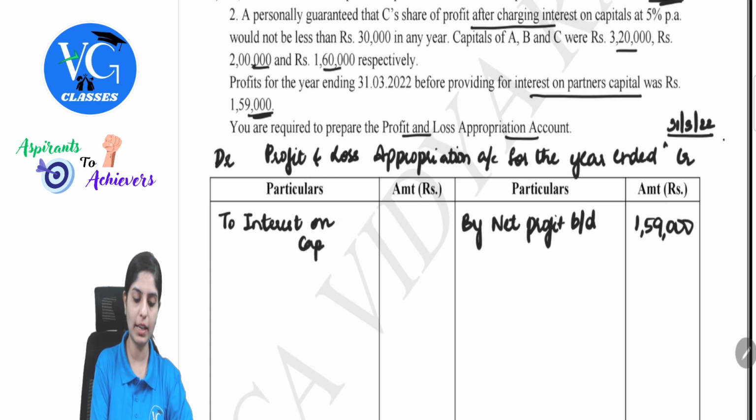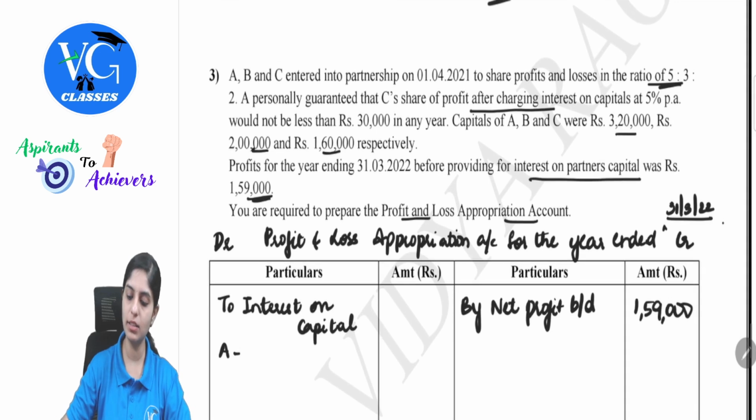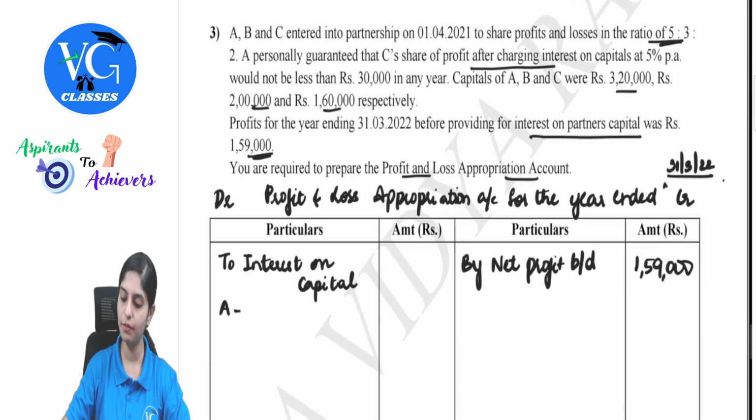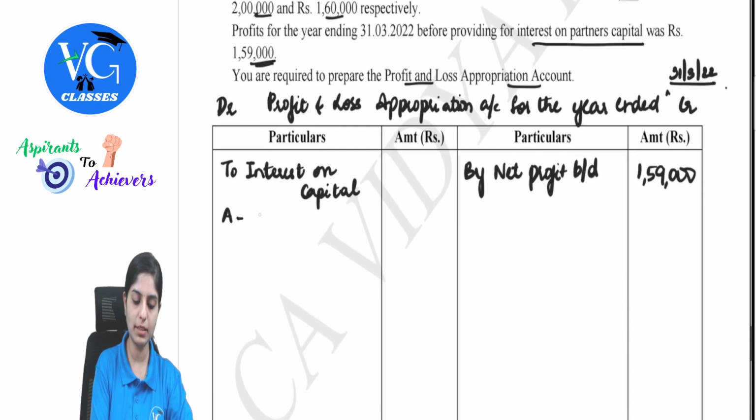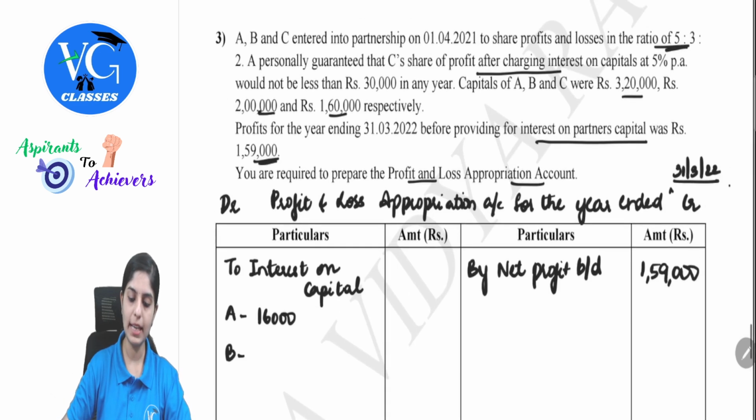To interest on capital, there are 3 partners. A, they have given the capital balances. Use your calculators. For A, 3,20,000 into what is the rate of interest given? 5%. So this will be 16,000 for A. For B, B's capital here is 2 lakh into 5%, that is 10,000.